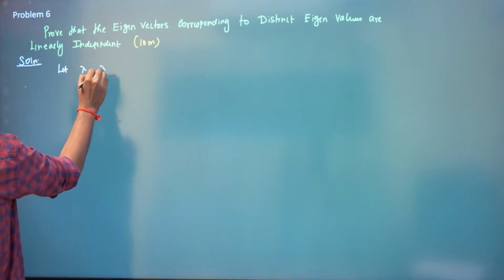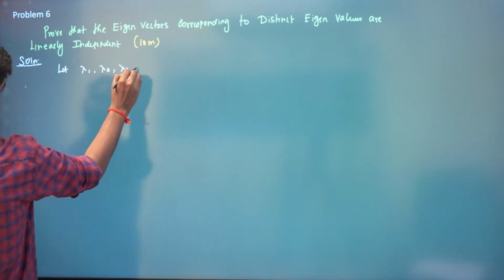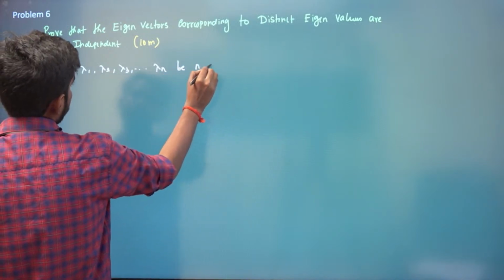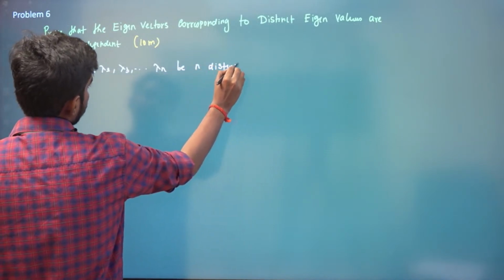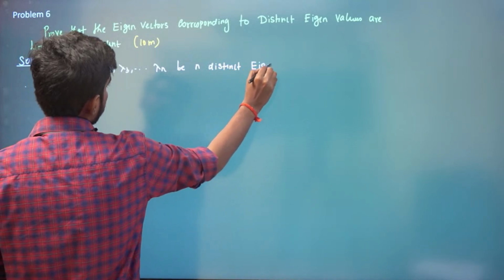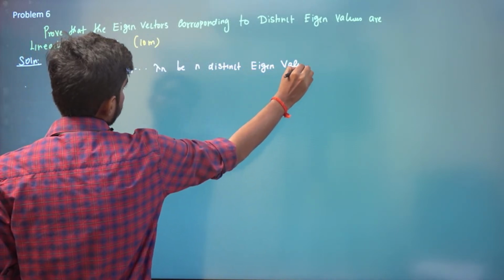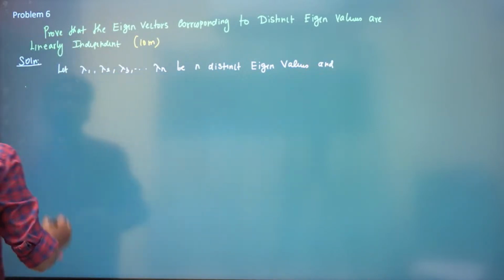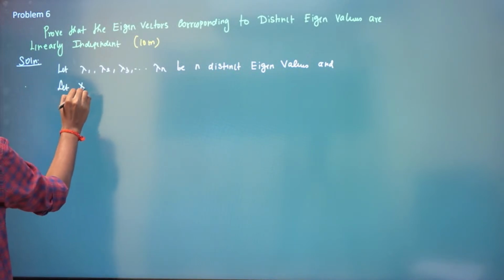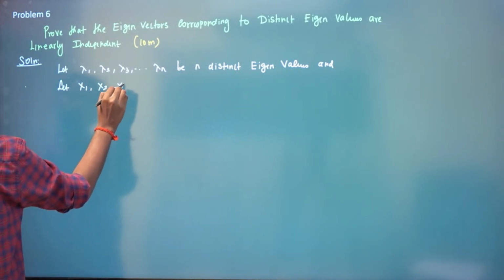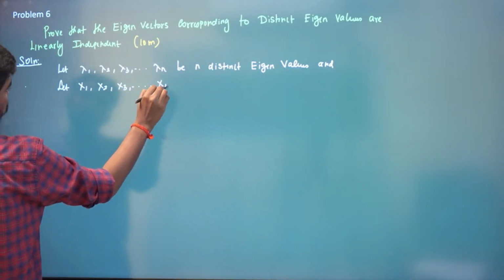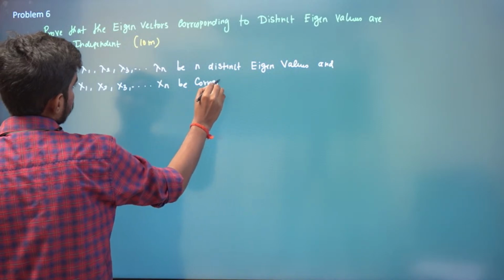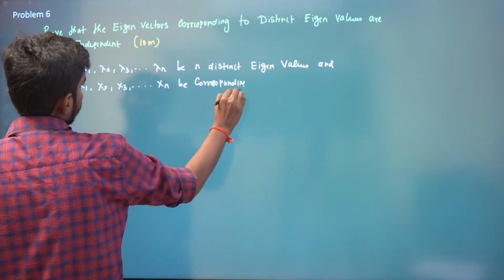let lambda 1, lambda 2, lambda 3, and so on up to lambda n be n distinct eigenvalues, and let x1, x2, x3, and so on up to xn be the corresponding eigenvectors.